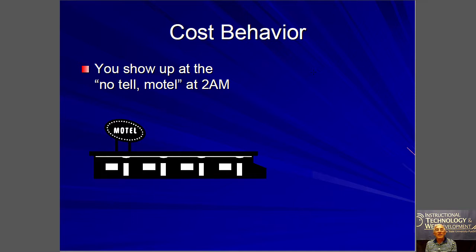The clerk looks at that laminated price sheet that the manager left for her or him and sees for one room the rate is $100. And the clerk quotes you that. You reach in your pocket, you find only $30. You tell the clerk, I only have $30. The clerk says, the boss's price sheet says $100. What do? You leave. You sleep in the car.